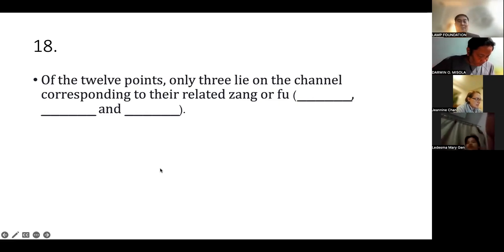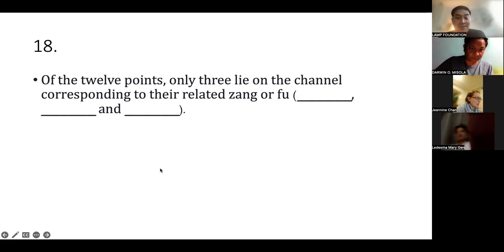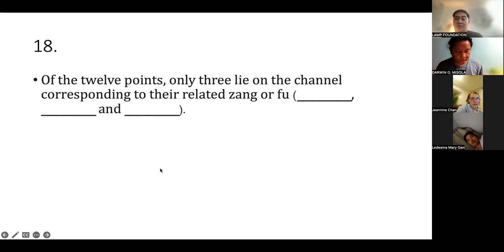Wow. Okay. Can you say it again? So ibig sabihin, lung 1 is nasa lung channel niya. Liver 14 is nasa liver. Okay. How many points meron ang lung channel, Sir Michael? Hindi ko na-research, Doc. 11.